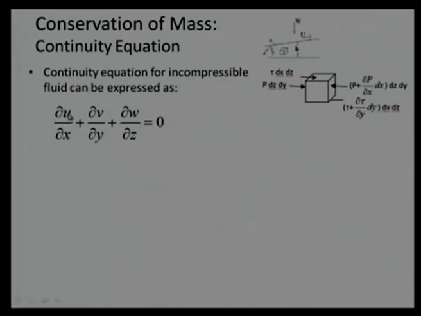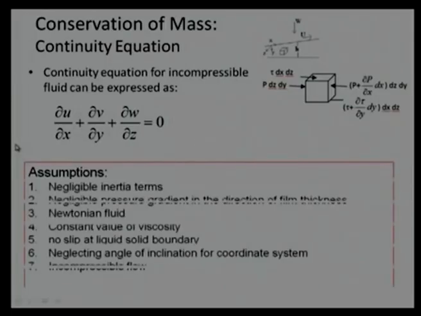In the previous slide, we figured out the expression for u in terms of pressure, as well as w in terms of pressure. You can substitute these expressions and merge the momentum equation into this continuity equation.